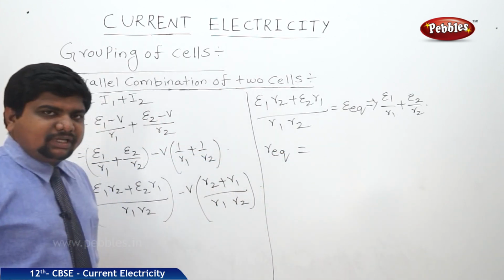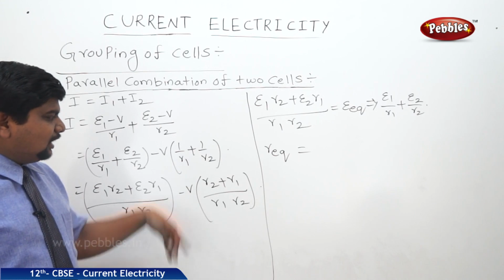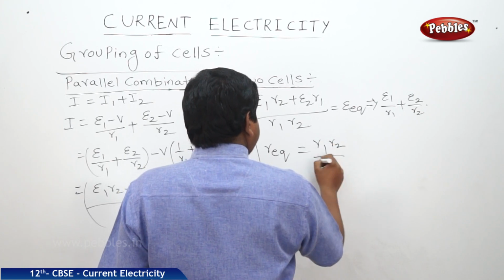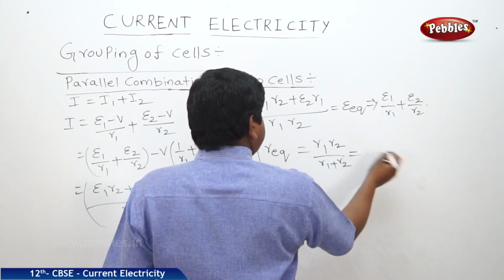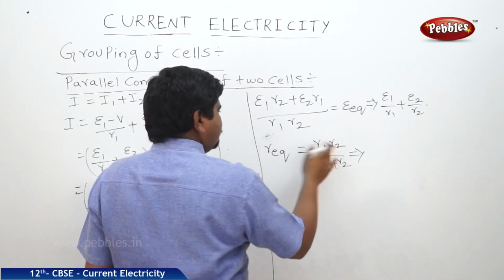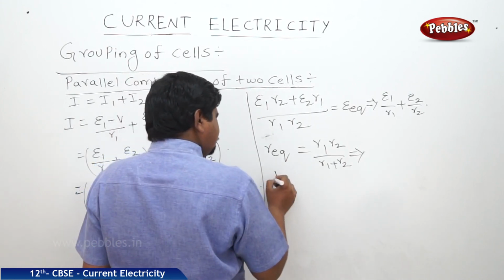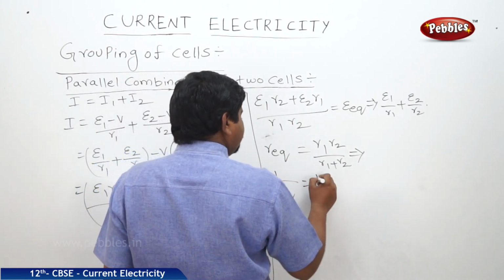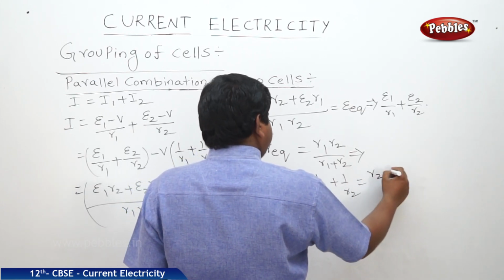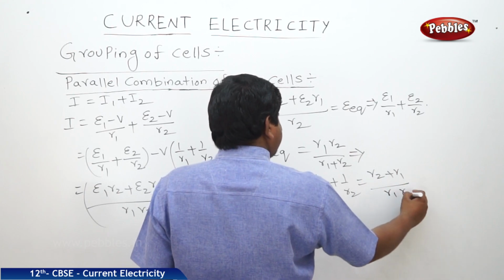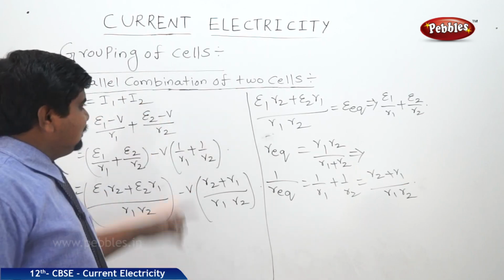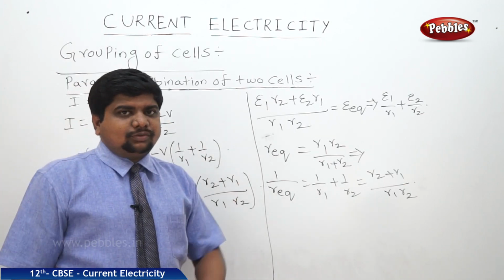This is 1 by R1 plus 1 by R2, right? So R equivalent is equal to R1 R2 by R1 plus R2. That is, 1 by R equivalent is equal to 1 by R1 plus 1 by R2, that is equal to R2 plus R1 by R1 R2. With these two expressions, we are going to find out the current of the circuit which is flowing through the cells.